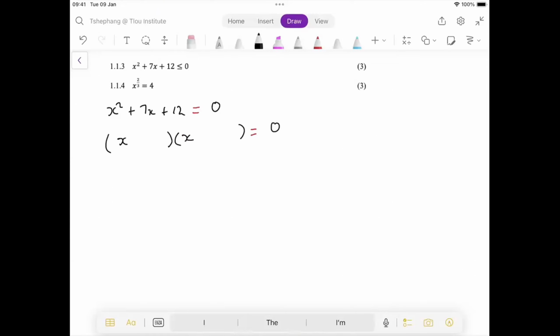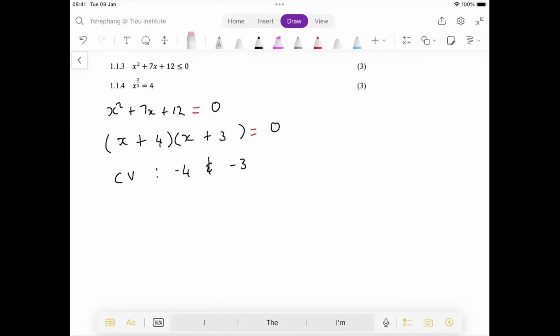It's either 6 and 2, but that's not going to work. 3 and 4 can definitely work. They're both going to be positive. So once we're here, we're going to say CV, state them, -4 and -3. Those are your critical values.